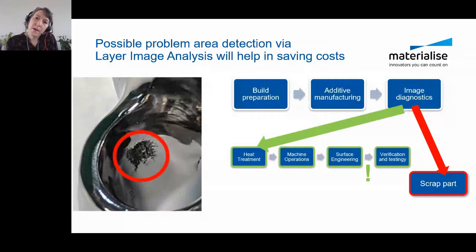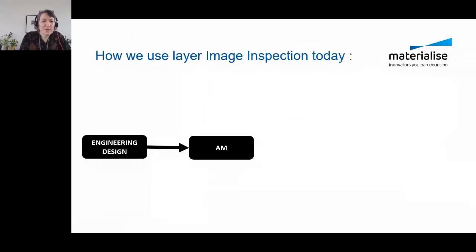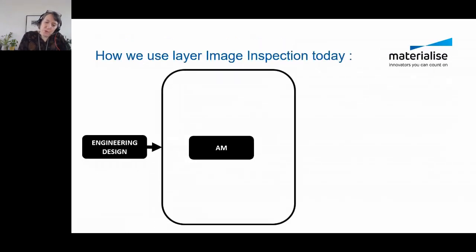So if I start recapping, how do we use the software now in-house at Materialise? As I said, it feels a bit like me sitting with my colleagues of manufacturing and medical on a bench looking at all the gray value images. So how do we use it today? We have the cameras on.